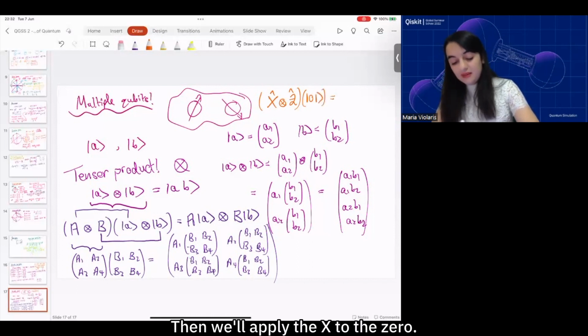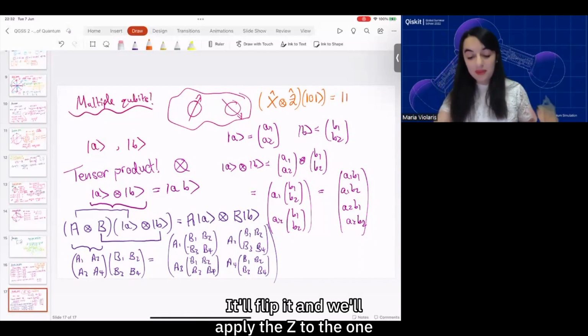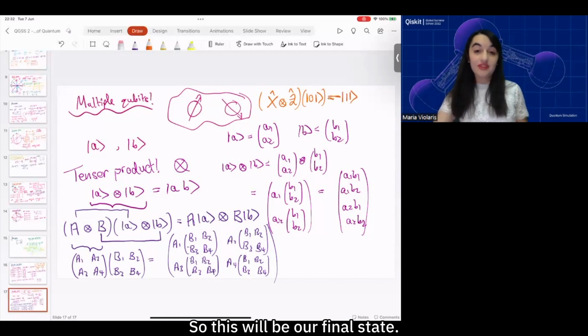Then we'll apply the X to the 0, so that will flip it into a 1. And we'll apply the Z to the 1, which will bring out a phase factor of -1. So this will be our final state.